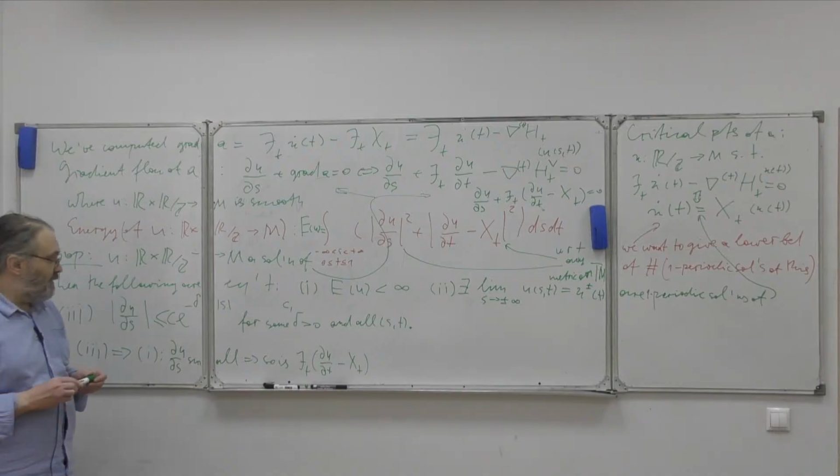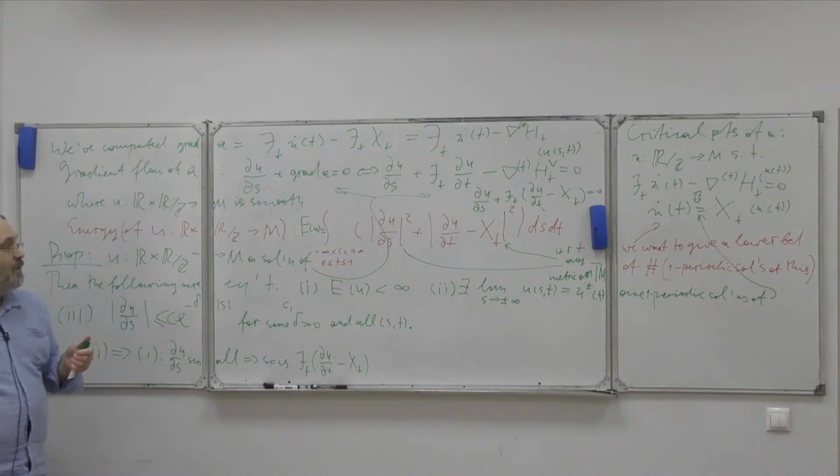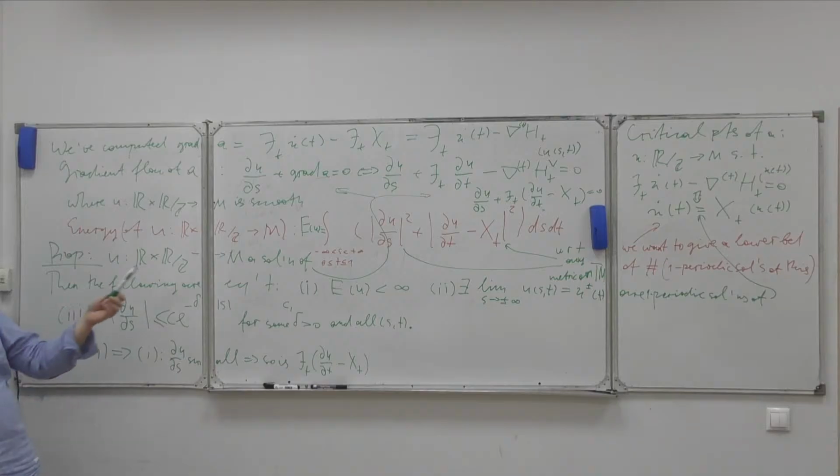Basically both sides are bounded above by the integral of minus the exponential, which is finite.